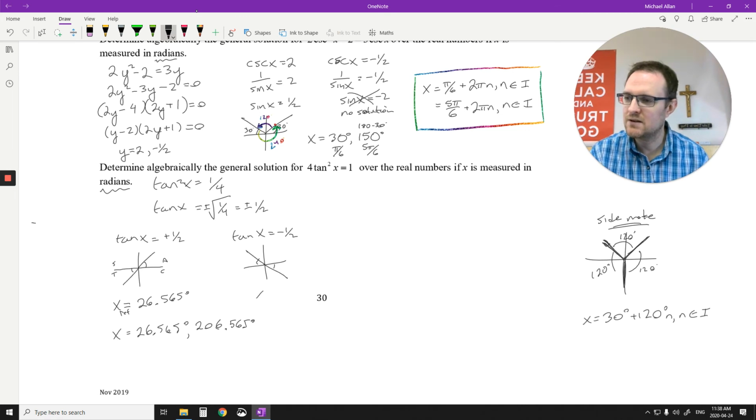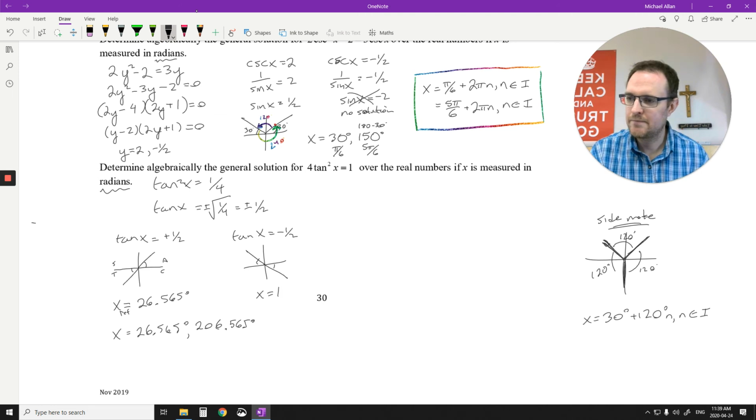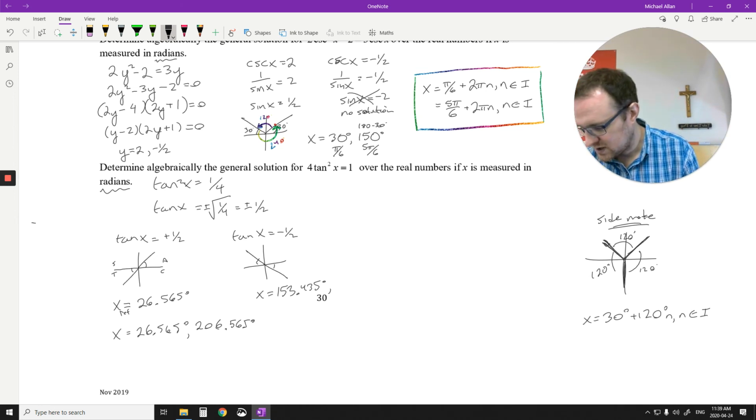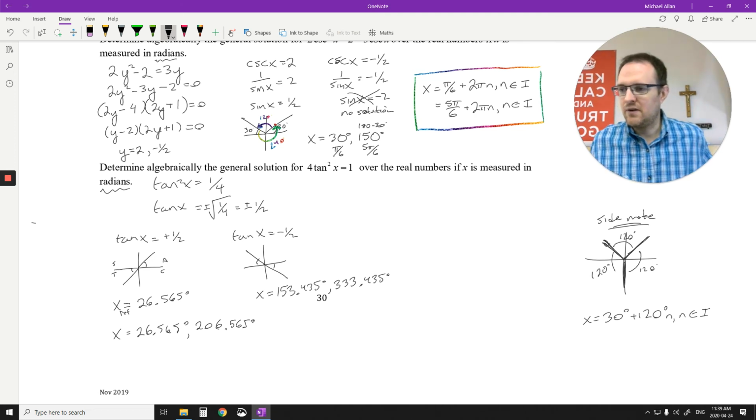And then the second one here, same reference angle. I'm going to go 180 minus this answer, 153.435. And then 360 minus this answer, 333.435. Okay, so we have all our 4 solutions here.